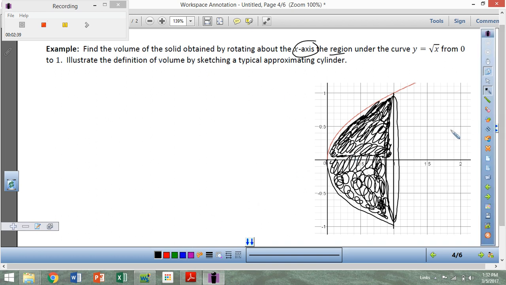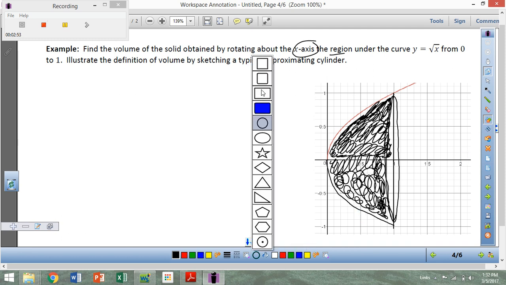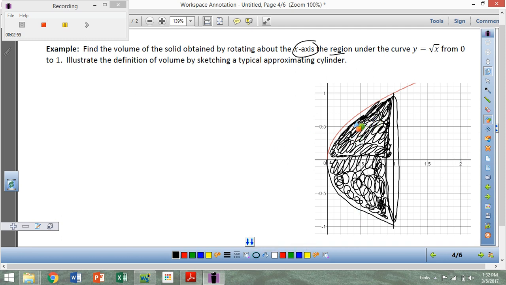Here's how I'm going to think about this. I'm going to think about slicing this shape vertically. If I slice it thin enough, it needs to be sliced really, really thin, I would end up with a bunch of circles just stacked on top of one another.